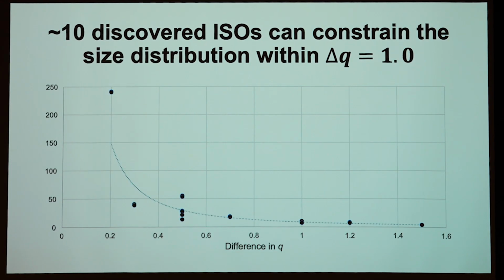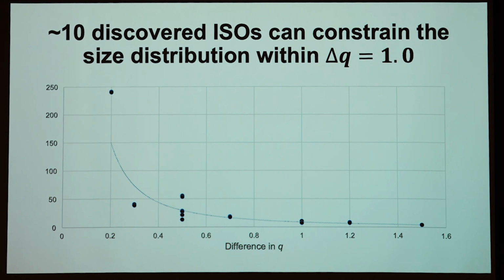And so one thing we then asked was, well, how many interstellar objects would you need to be able to tell the difference between all of those distributions? So just some simple AD tests of running populations against each other. You find that to constrain your size distribution to within a slope difference of 1, you need 10 interstellar objects.